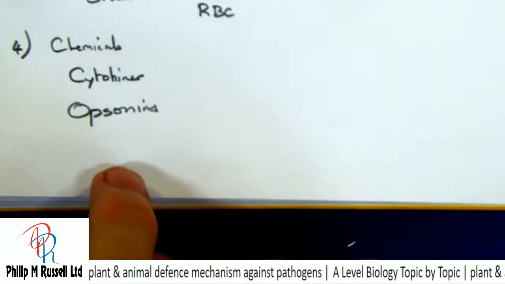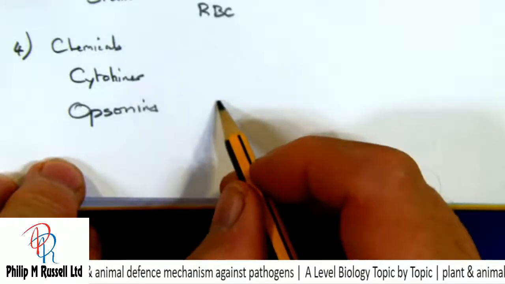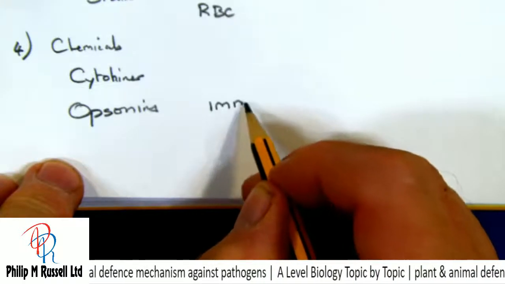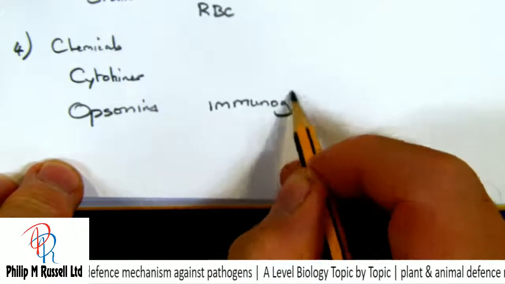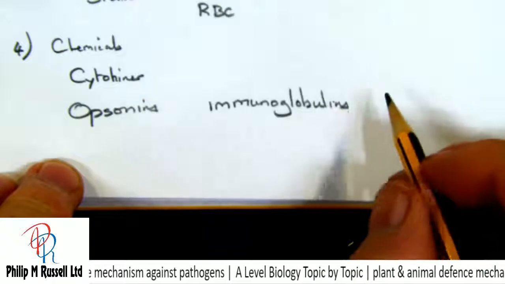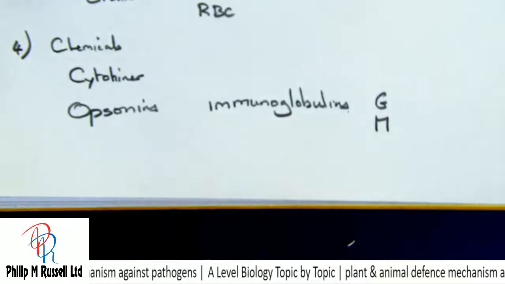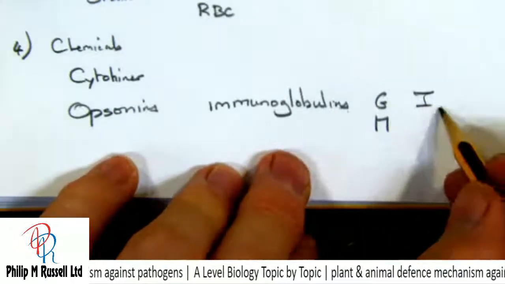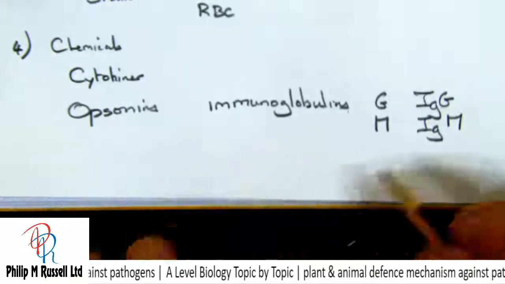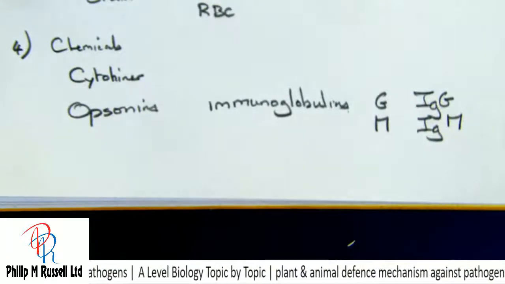There are a whole load of these, and they're known as the immunoglobulins. Two of the ones that are well known are immunoglobulin G and immunoglobulin M, called IgG and IgM, and these seem to have the strongest effect on what's going on.